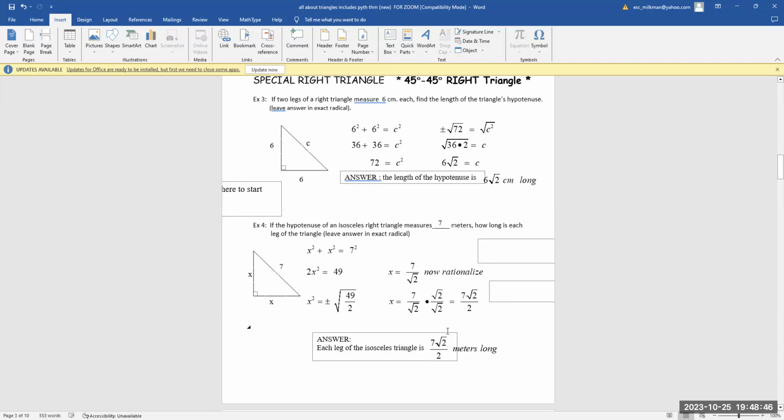If it wasn't marked with respect to units, I would just say that's how long it is, with no units at all.